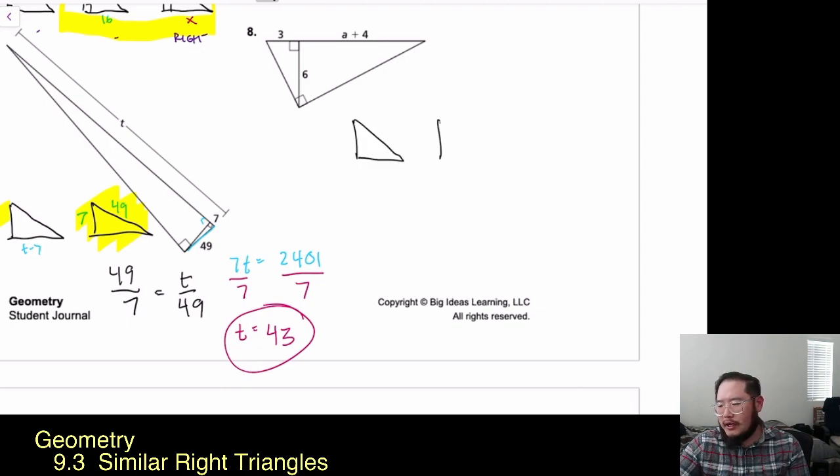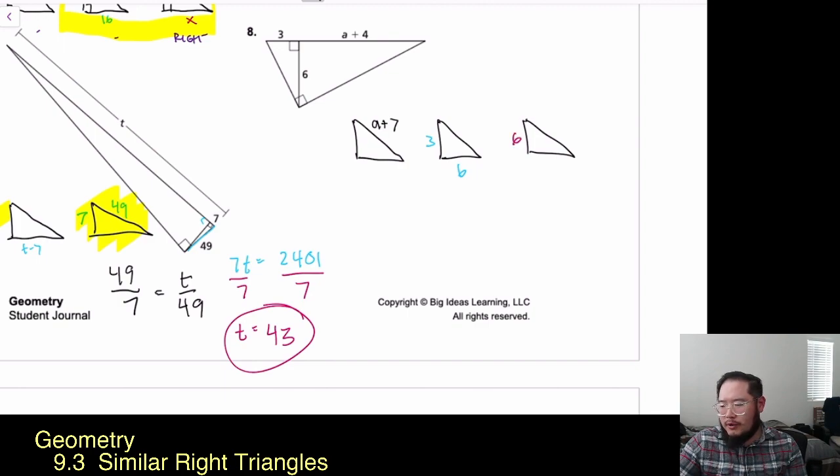All right, big triangle right here. I see the hypotenuse, and that's going to be a plus 4 plus 3. So a plus 7. On the triangle to the left side, I've got short leg is 3, long leg is 6. And then on the triangle to the right, I've got short leg is 6, long leg is a plus 4.